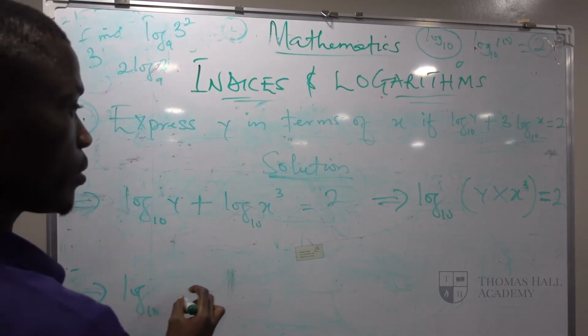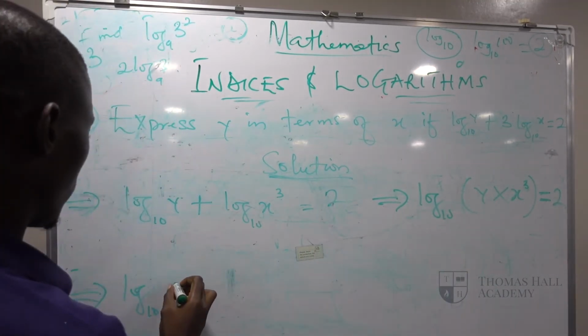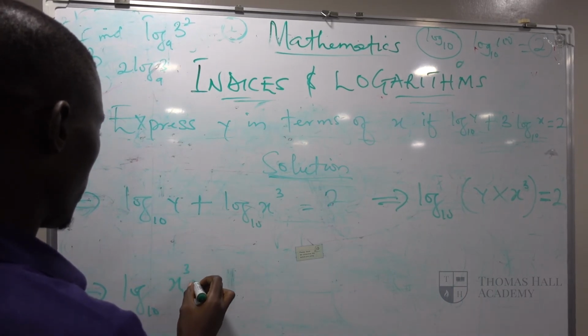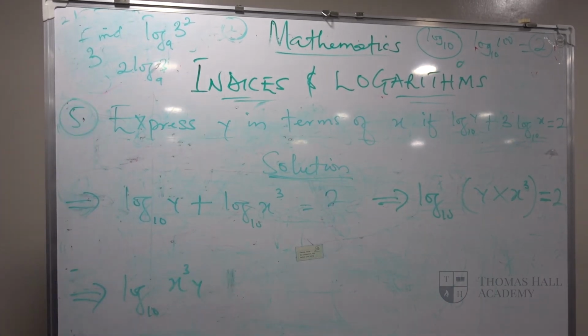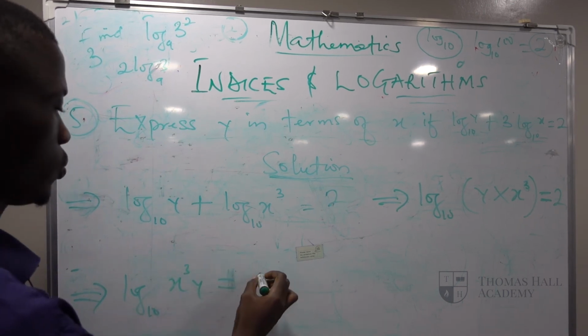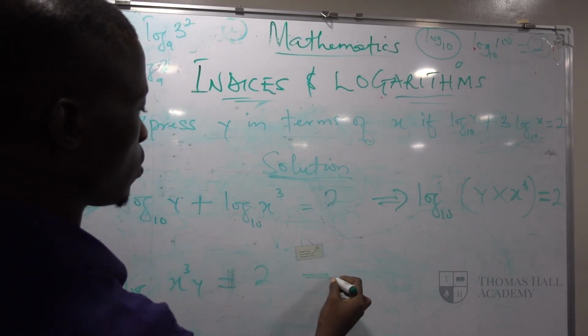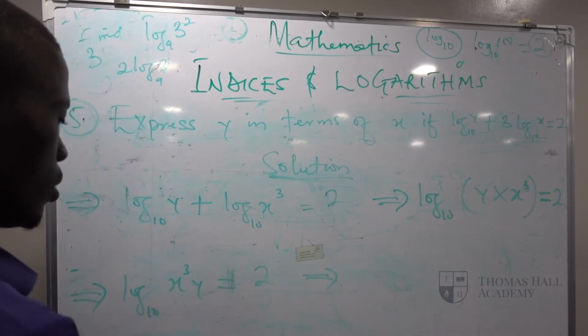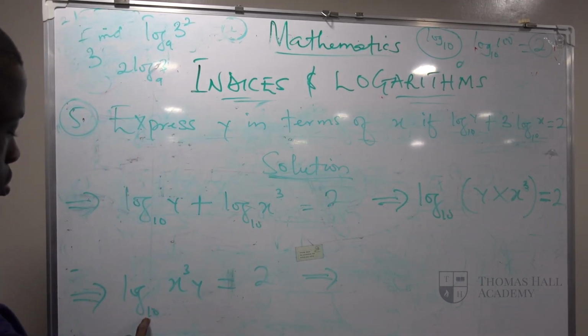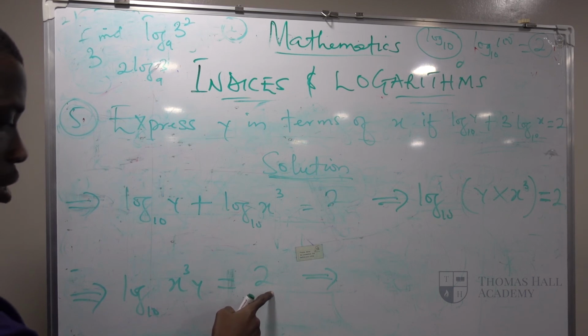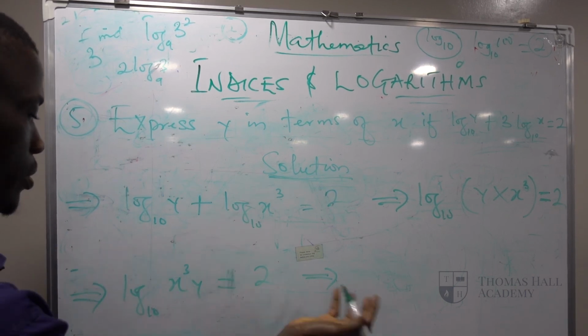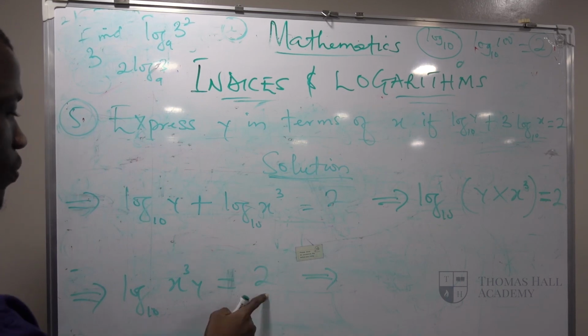Log base 10 of y times x raised to the power 3 gives us x raised to the power 3 y equals 2. I told you, forget this. This does not have a logarithm. If this had a logarithm, we would have said log minus log, then we get the answer straight. But this does not have a logarithm.